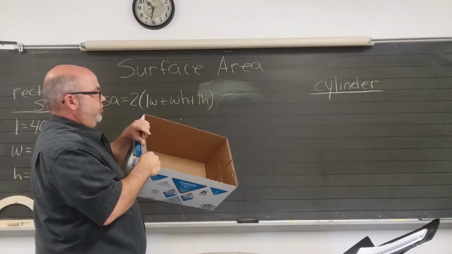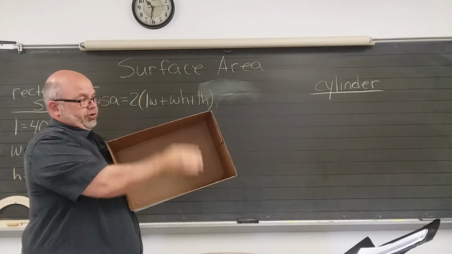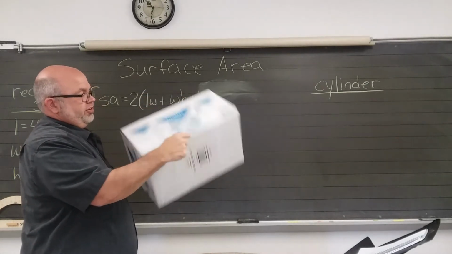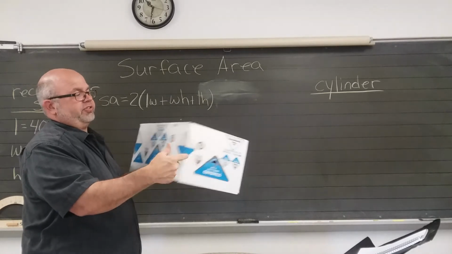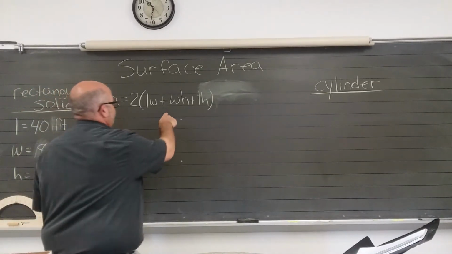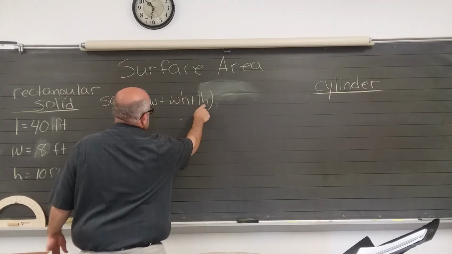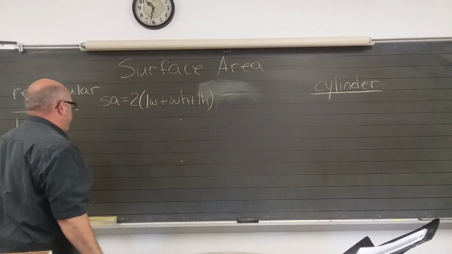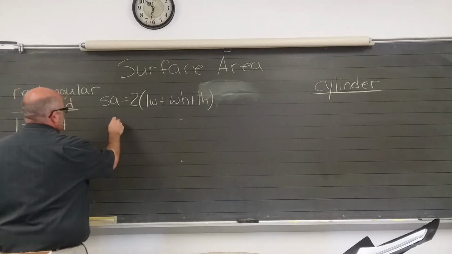This is equal to this if it were covered, and this is equal to this. 6 sides, 2 of each of these: 2, 4, 6. So now what is our equation?